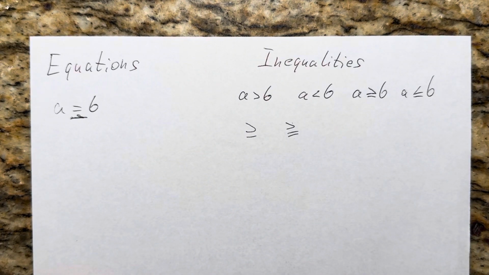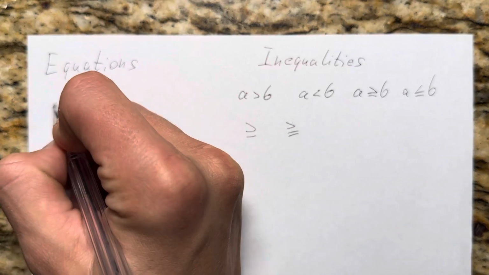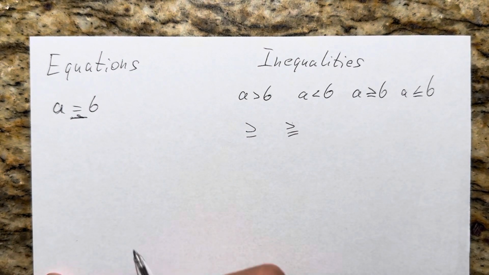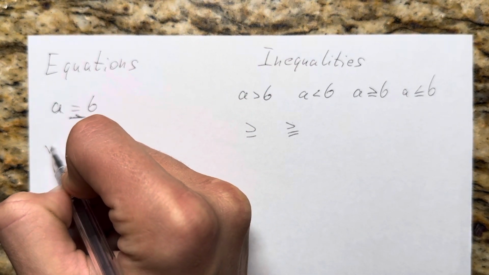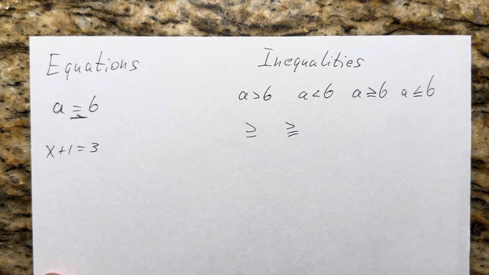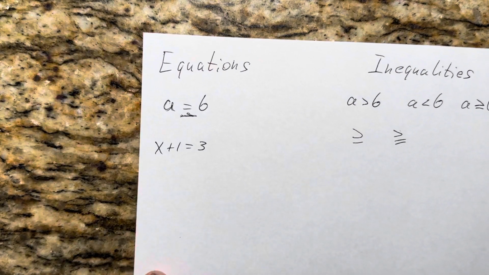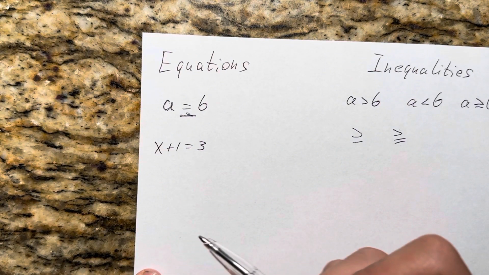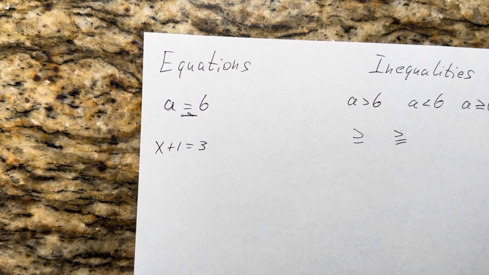Alright. So let's talk about equations. x plus 1 equals 3. The simplest example. In equations, usually there is some kind of a variable that is represented with the letter x in this case. Alright, so usually in equations you try to solve for the variable.